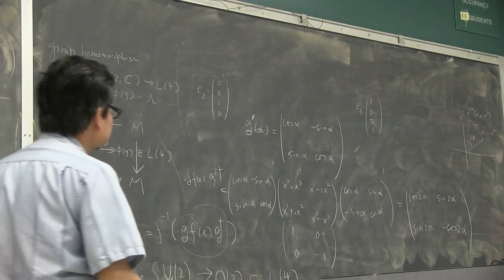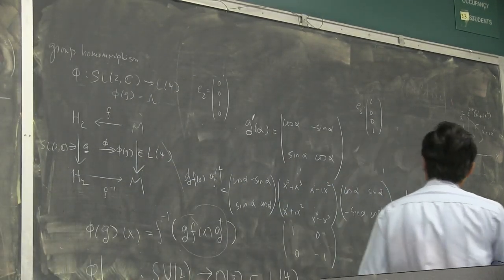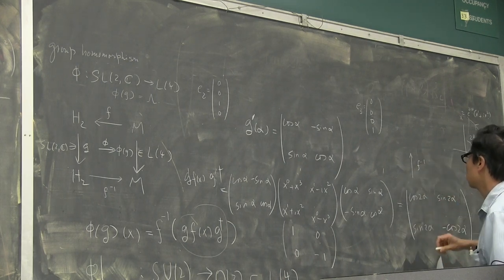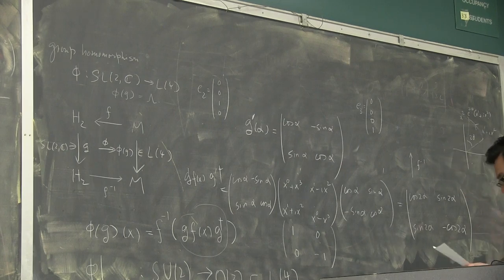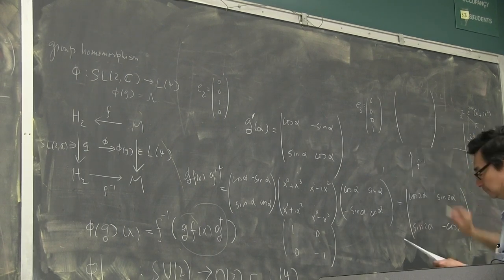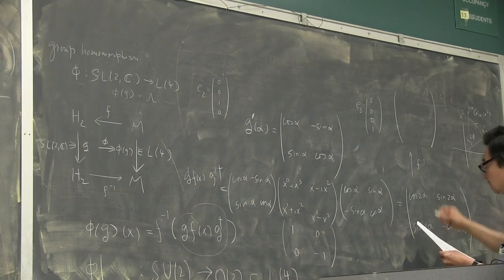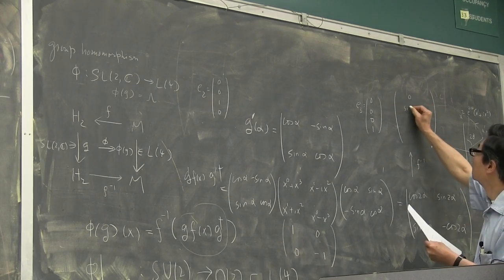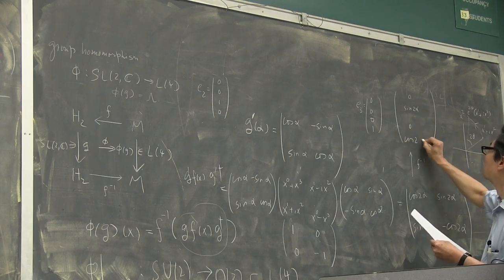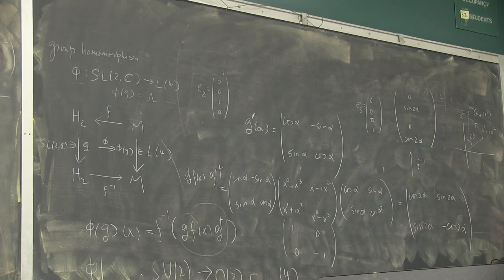Now, it's very clear that under the map F inverse, this gets mapped to what? Which 4-vector does this get mapped to? It gets mapped to this 4-vector: 0, sine 2 alpha, 0, cosine 2 alpha in here.